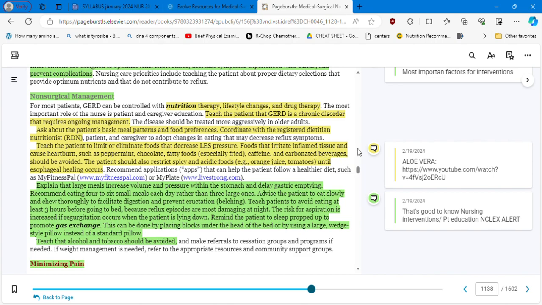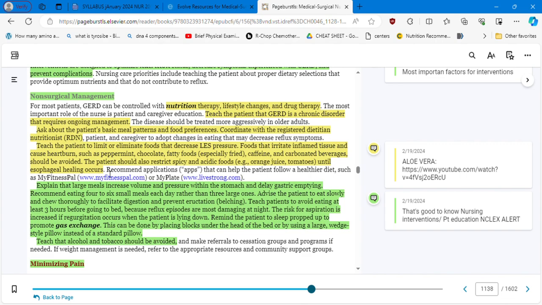Okay, so here you have irritation of the tissue. All these foods you need to avoid. The patient should also restrict spicy and acidic foods, orange juice, tomatoes, until esophageal healing occurs. So all of you who are getting your tomato pasta with a soda, right?